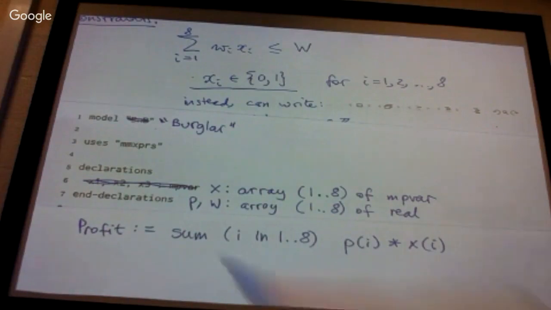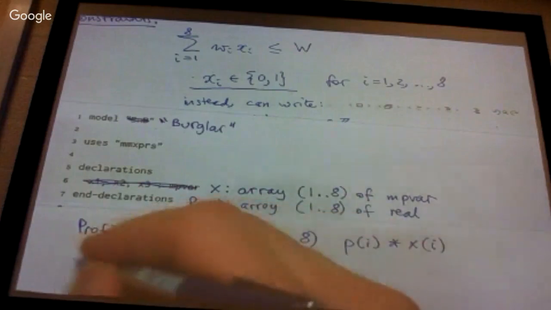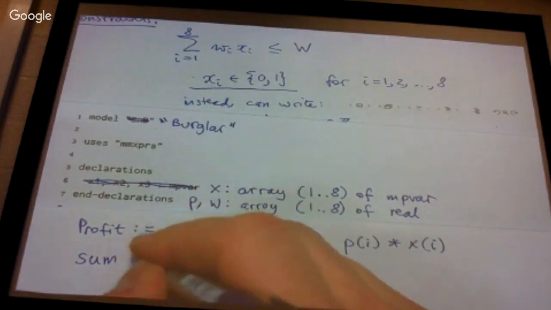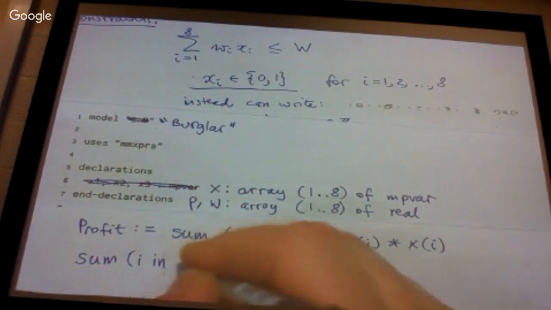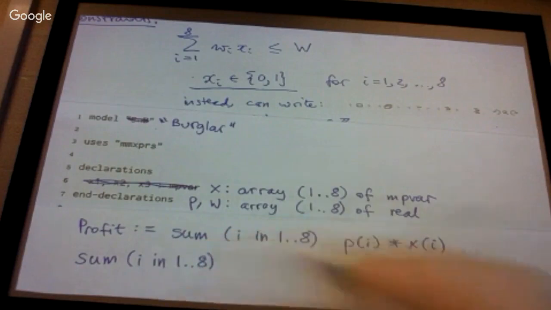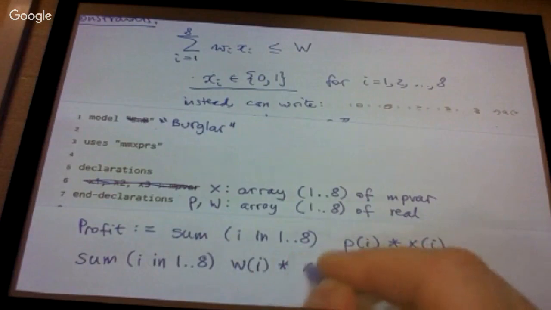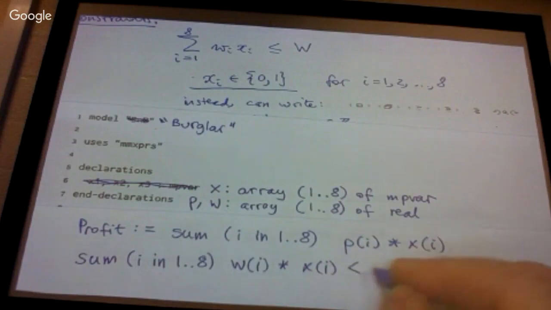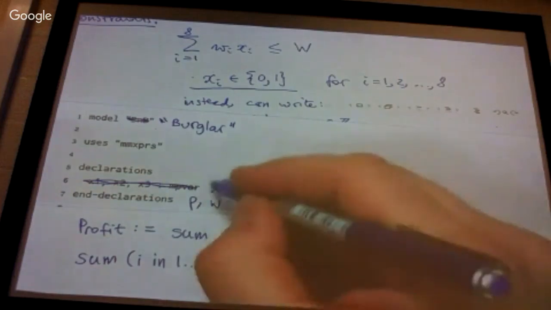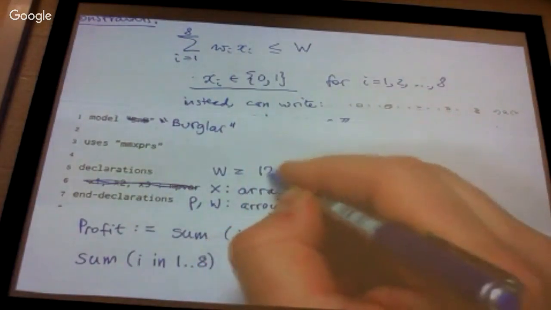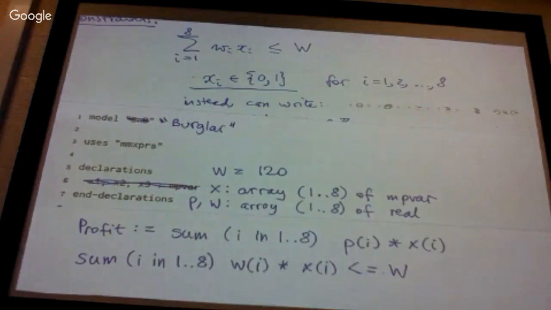And the constraint is that the sum of Wi times Xi is no more than W. So somewhere here you would write W equal 20 kilos, for example. You weren't given any values in this case, but of course if you were solving it, you would have to know.